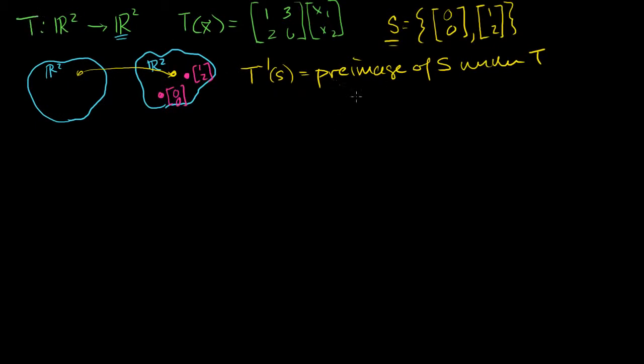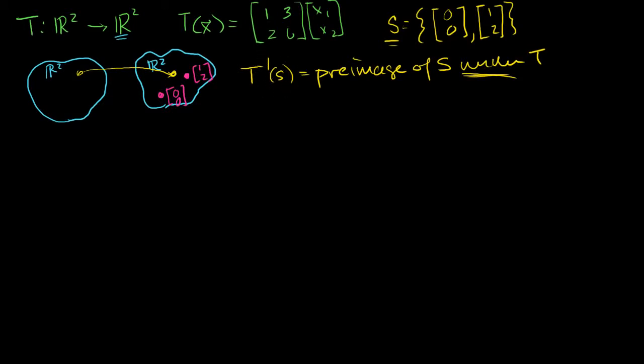But when you're taking the image or preimage of a set, make sure you say under what transformation. So we want the preimage of this subset of our codomain under the transformation T, and we write this as T inverse of S.